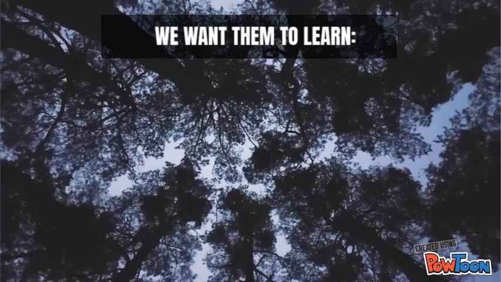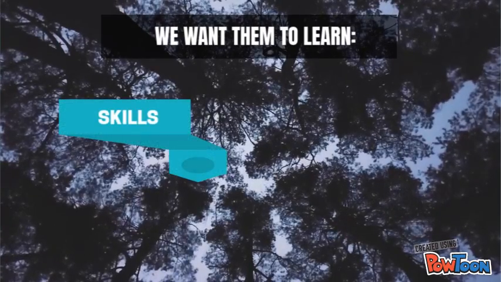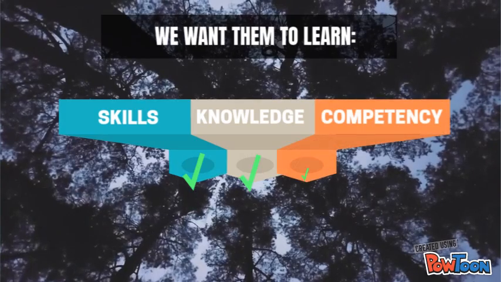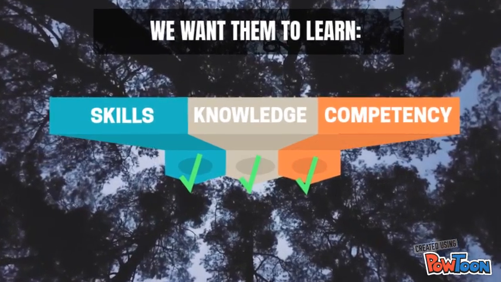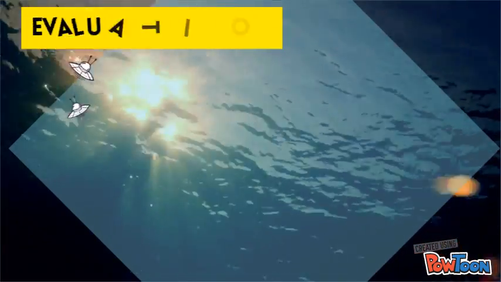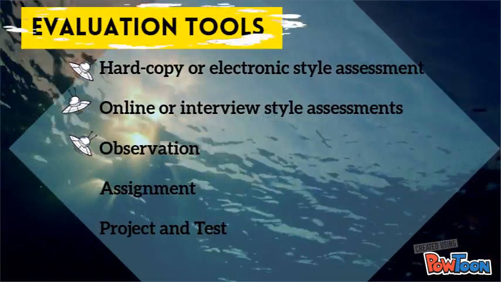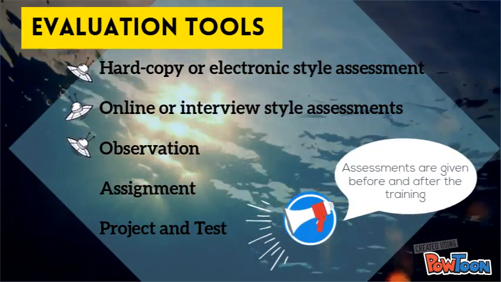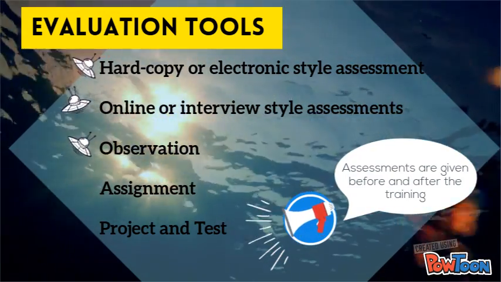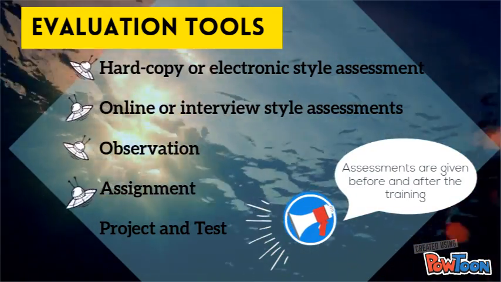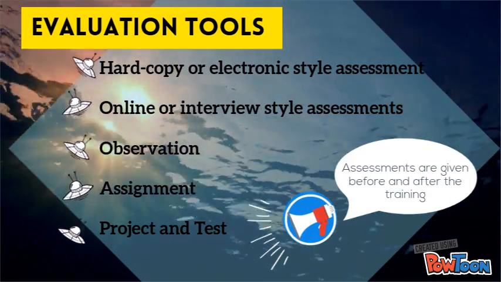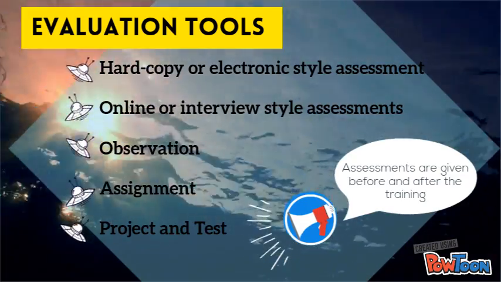At this level, we want them to learn new skills and knowledge, and as well, we want them to have competency. This level can be measured through hard copy or electronic style assessments, online or interview style assessment, observation, assignment, and lastly project and test. Note: assessments are given before and after the training.